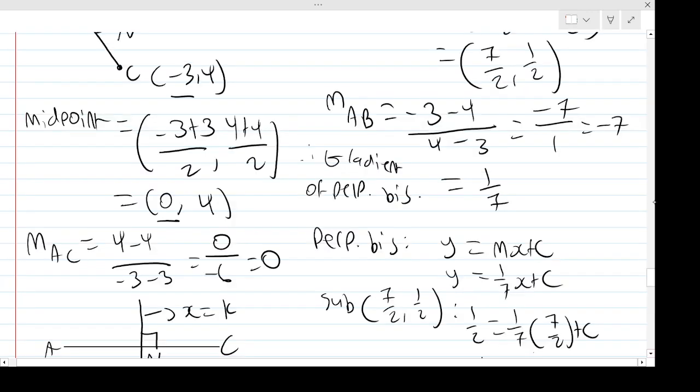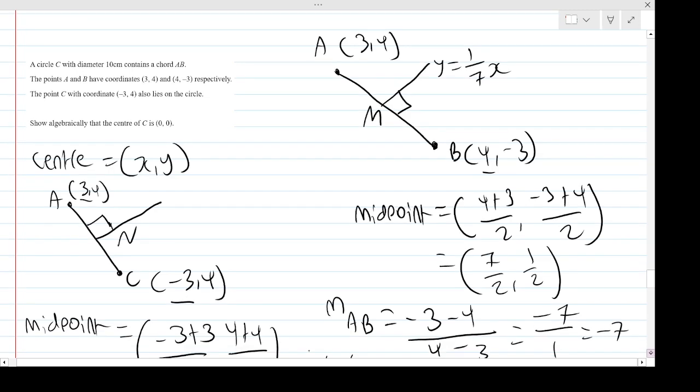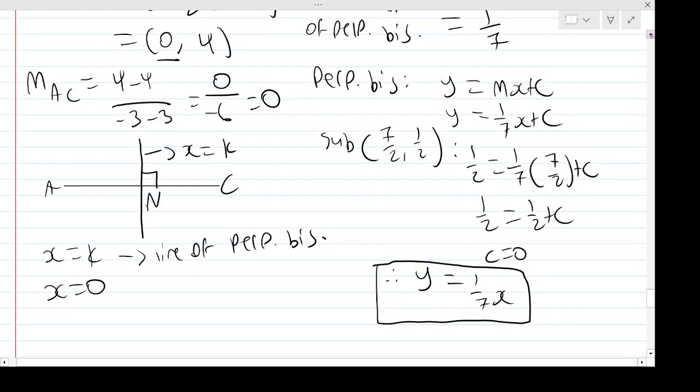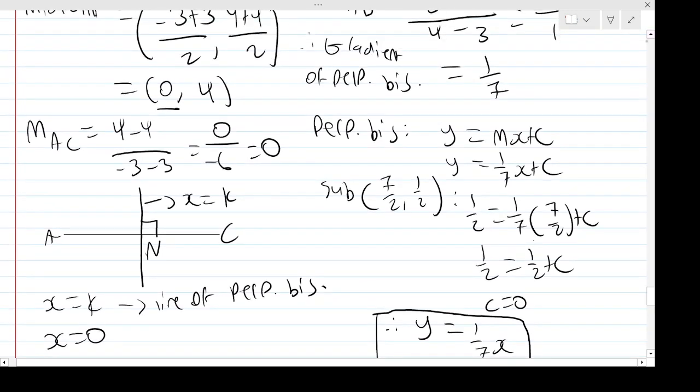Okay, so what do we have here then? It's quite a weird example, isn't it? But hopefully that made sense. The gradient being 0 means AC is a completely horizontal line, so the perpendicular bisector would be a completely vertical line. And any vertical line, think about it, if we draw an XY axis, it's just x equals some number, where it crosses the x-axis.